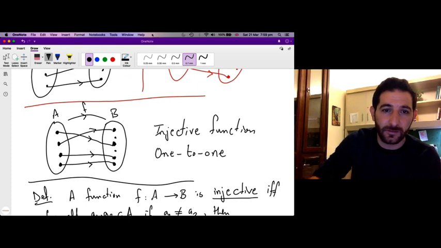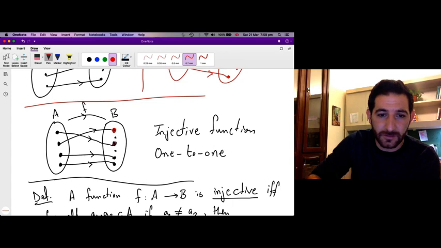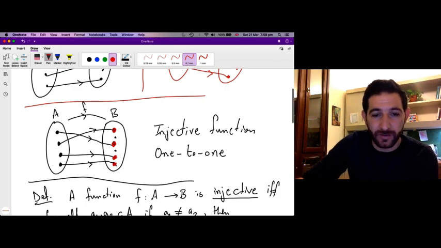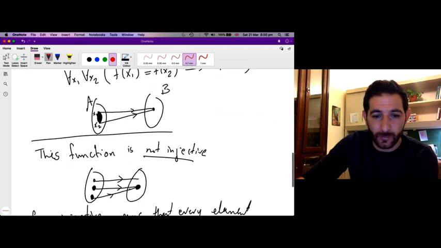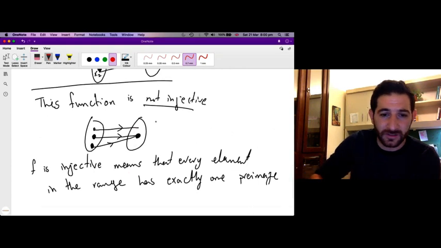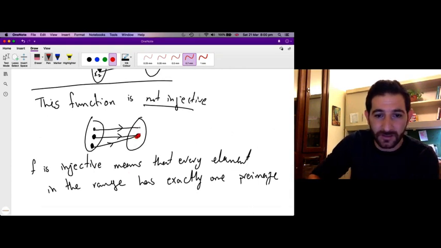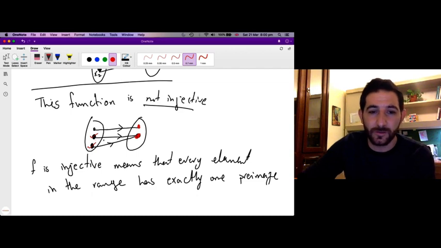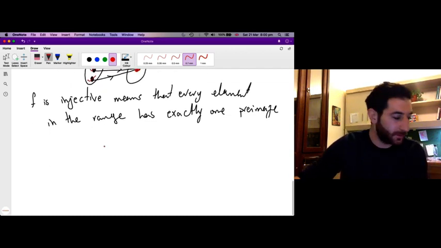What is the range? Let me use the red color. The range is the images, the red ones. Okay, and see that every element in the range, the red ones, has exactly one pre-image in A, in the domain. However, in the example where we have a function which is not injective, look at this element. This is the range, but look at this element. It has two pre-images in the domain.